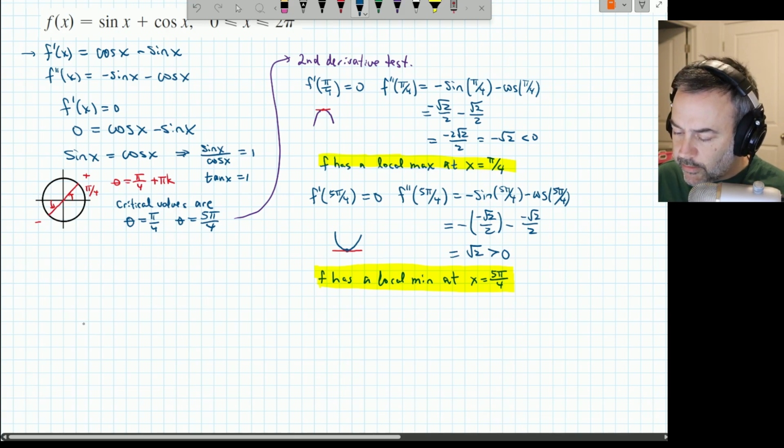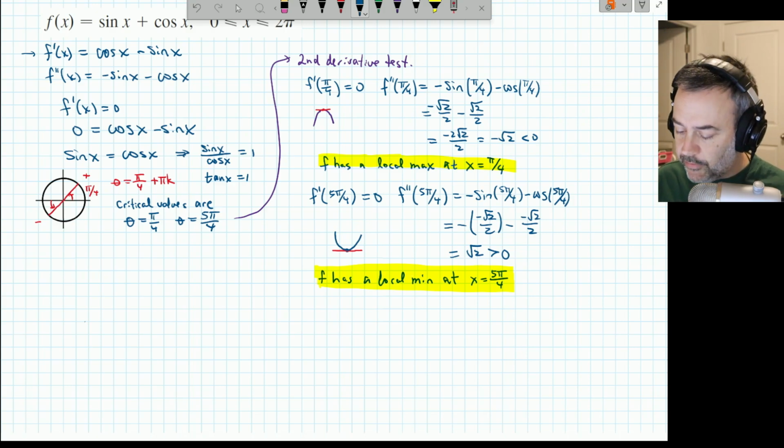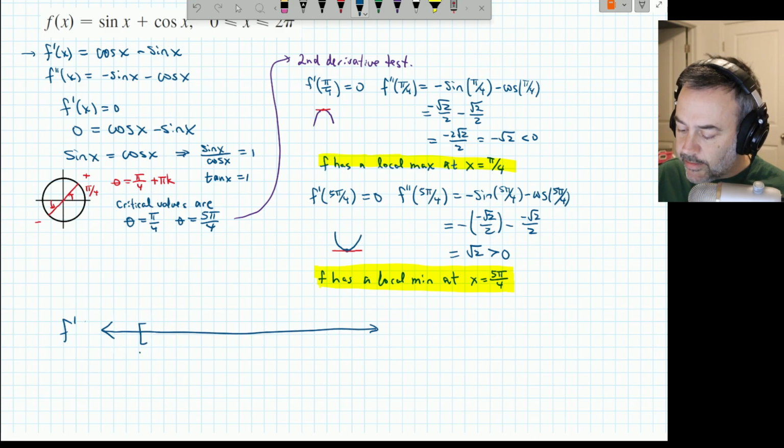Okay, so I have already found the critical values, so I just need to do a sign analysis of f prime. Well, my interval starts at 0, and my interval ends at 2 pi, and my critical values were pi over 4 and 5 pi over 4.